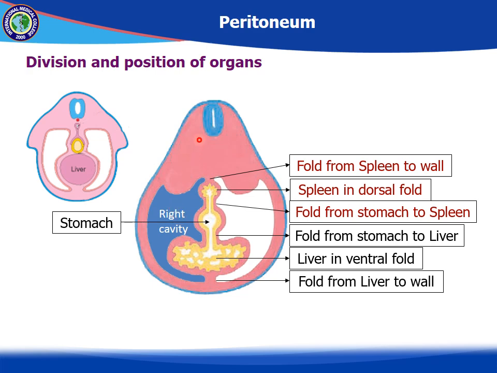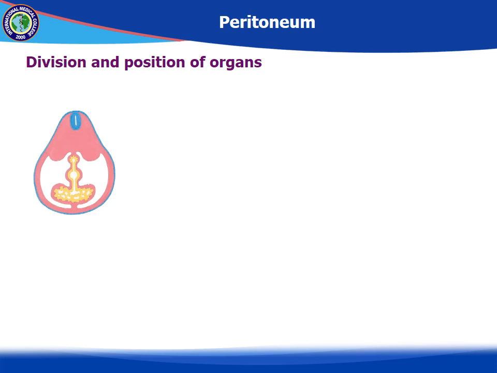Now the cavity in this part has a right component. This embryo's back is this one, so this is the right side of the embryo, and this one is the left cavity. So above the umbilicus, the embryo has two component parts of the cavity. The peritoneal cavity is divided into a left part and a right part.